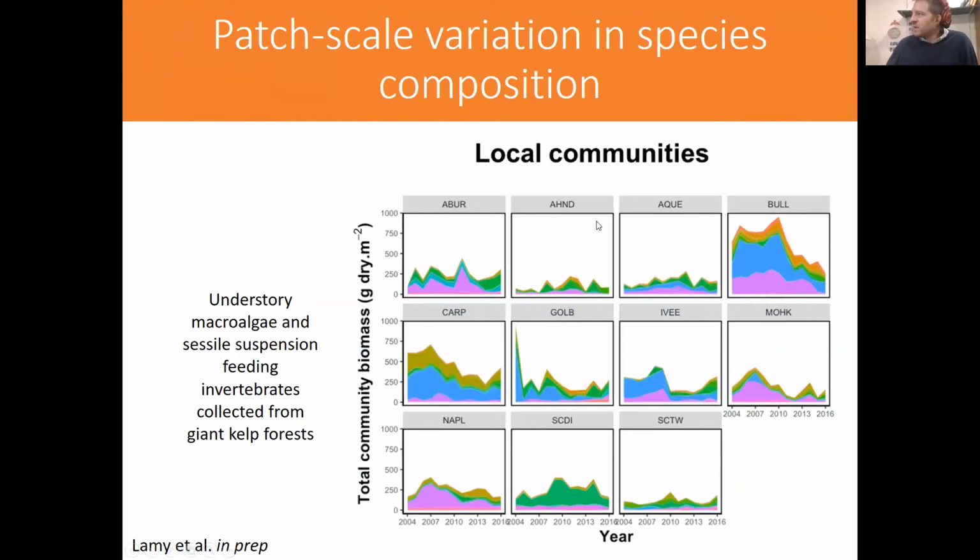Each one of these panels represents a different site at the LTER, and each of the colors represents a different species. Then we have data from 2004 through 2016. So this is a time series of changes in the different biomasses of different species at different sites. This is an ideal data set to address the sorts of questions we're interested in, so that's why we're using it as our example data set here.